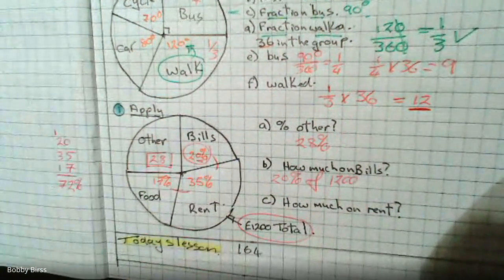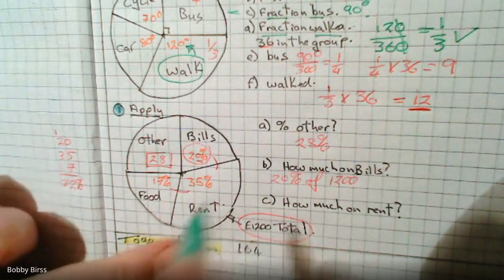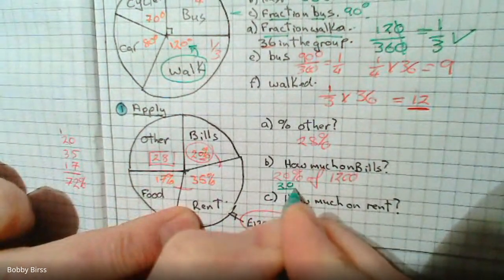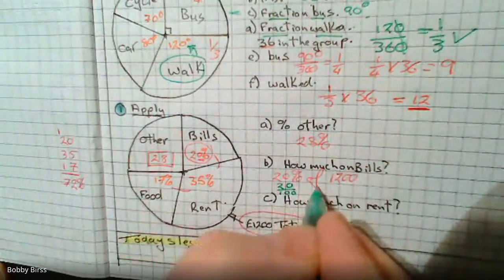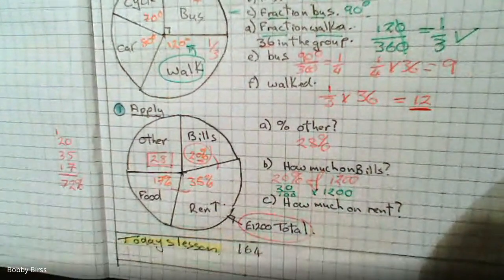I'm going to do a calculation. A percentage is out of 100. So what I'm going to do is 20 divided by 100, because it's 20 out of 100, times 1200.